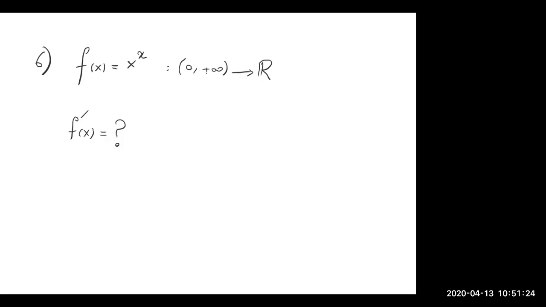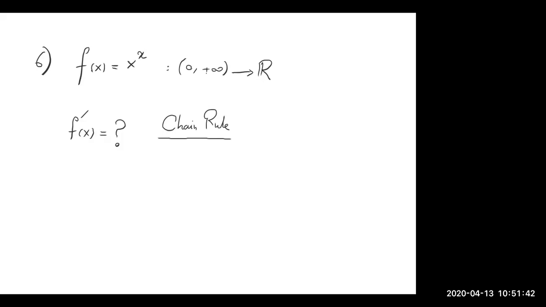Okay, so I think the best way to solve this problem is to use the chain rule. If you try to directly compute this, it might become a little confusing.